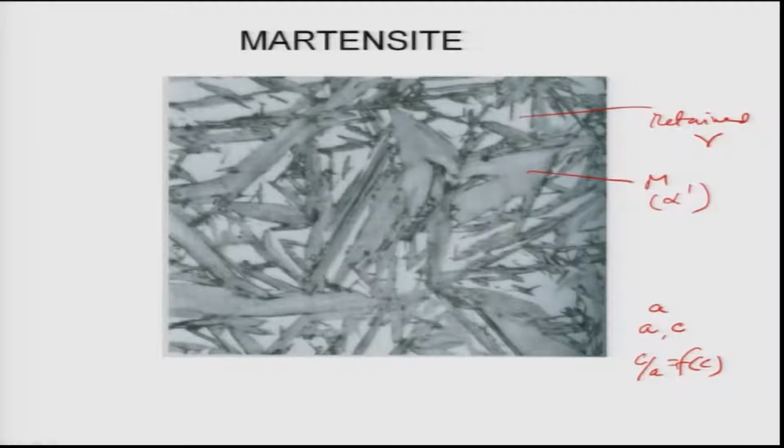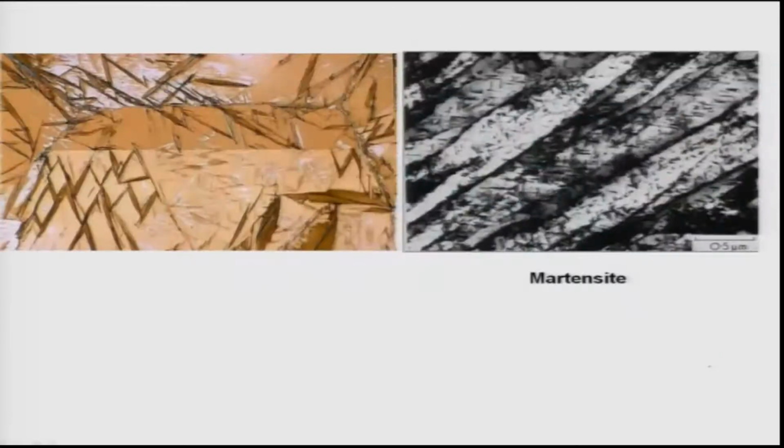Now, as you see here, this is an optical microstructure and martensite looks like plates. If you look at a much lower magnification microstructure, what do you see? These are actually prior gamma grains, and martensite forms like plates everywhere.